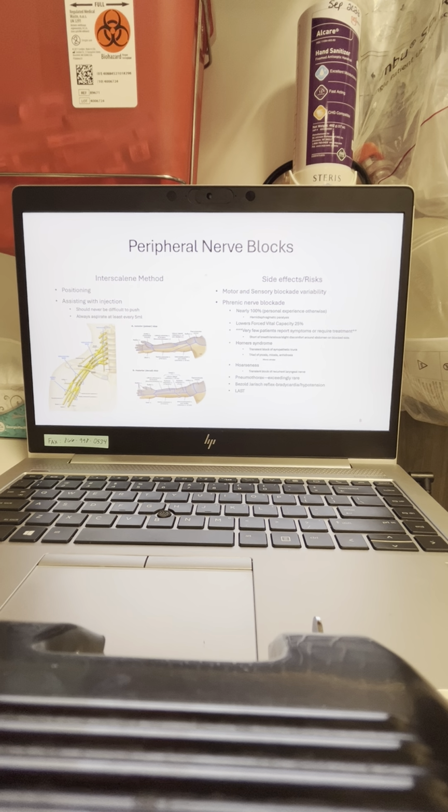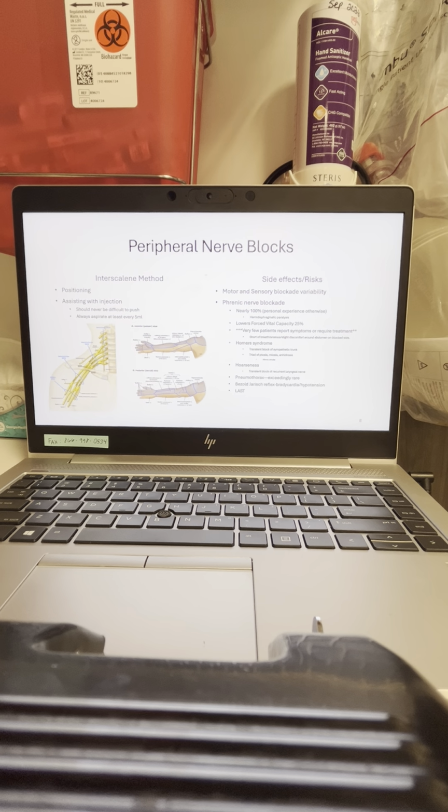And so oftentimes the ipsilateral side that we're numbing up gets blocked, and that causes hemidiaphragmatic paralysis. That sounds bad, and it causes a lower ability to forcefully exhale, with a forced vital capacity reduction of approximately 25%. But usually it's very asymptomatic.